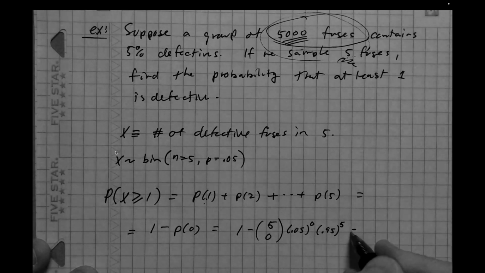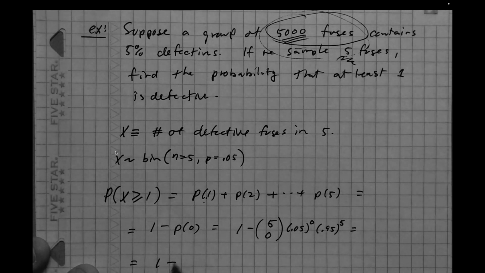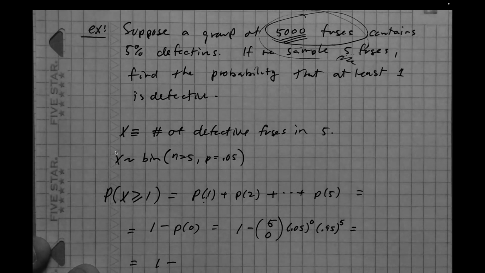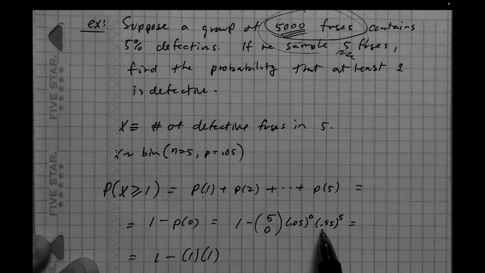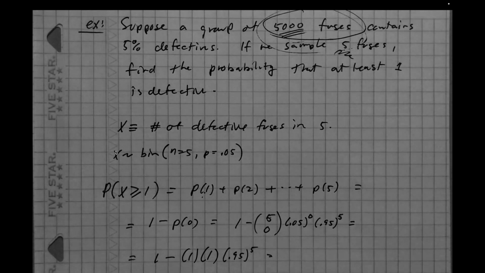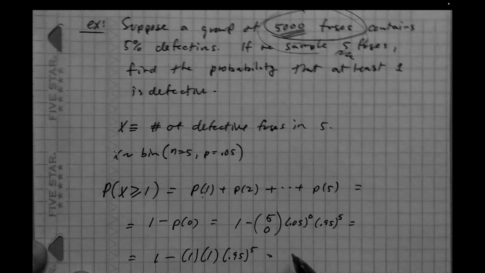So 0.05 to the 0 power, and 0.95 to the 5th power. Okay, and so what is this? This is 1 minus 5 choose 0. There's only one way to do that, right? So that's a 1, and this is also a 1. And this is 0.95 to the 5th power. Okay, and so we can do this math.